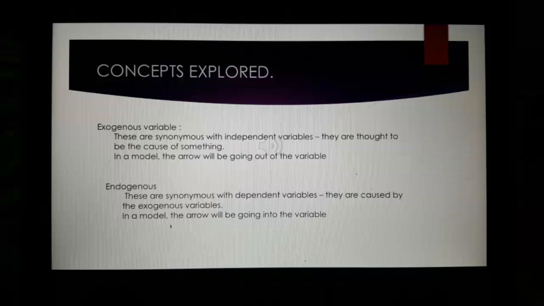In the model, an arrow will be going out of the exogenous variable. The endogenous variables are the dependent variables, and they are caused by the exogenous variables. So basically the arrows travel from the exogenous variables to the endogenous variable.